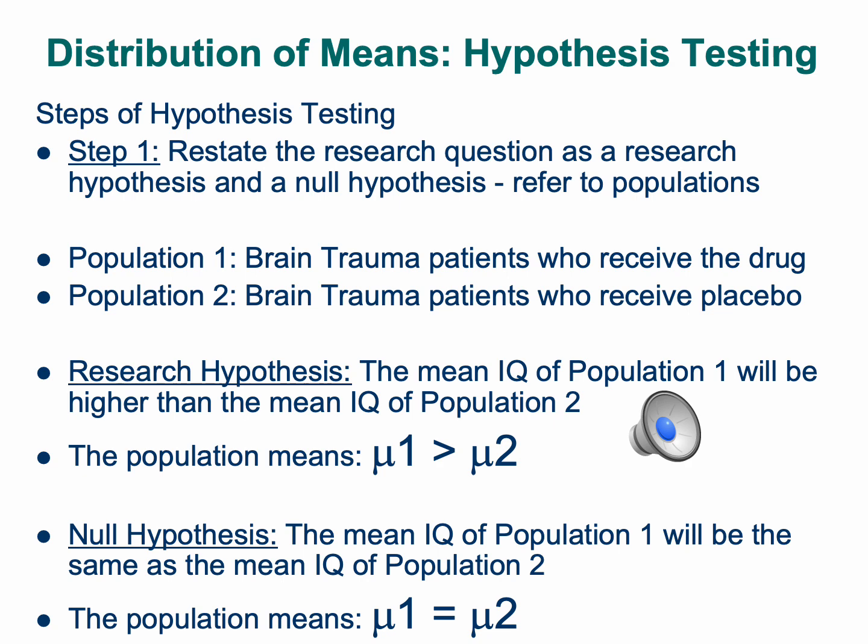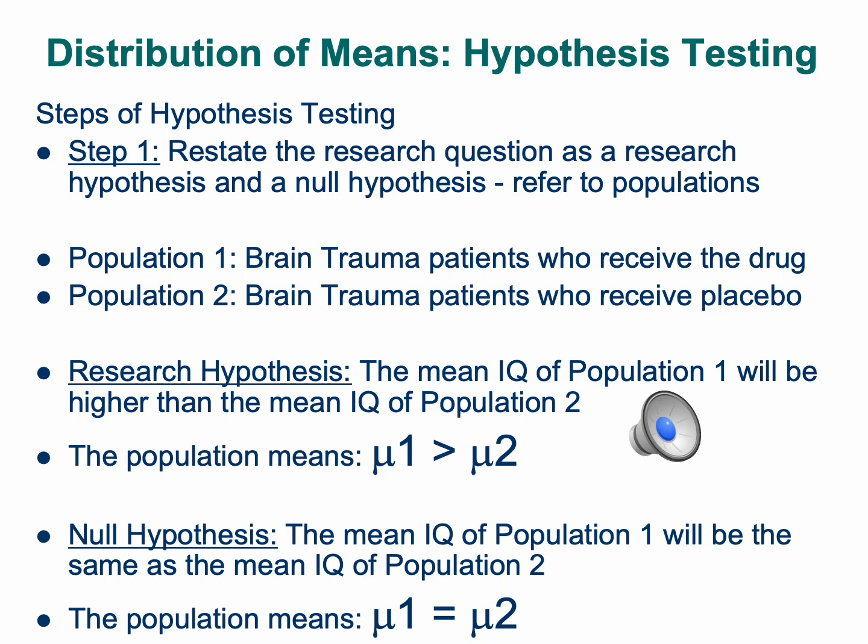Regular old Roman characters are used for samples, and then Greek characters are used for populations. So mu here is representing the population means. So population mean 1, the brain trauma patients who receive my drug, their IQ will be greater than population 2, mu 2.